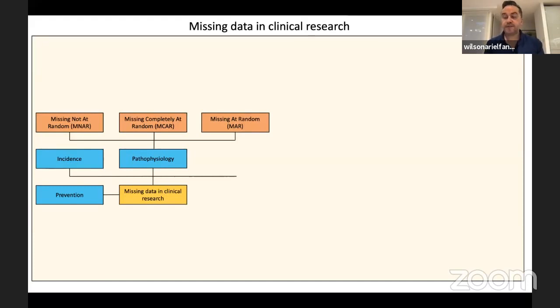And this is really important as well, because despite the fact that there is a mechanism for your missing data, by no means can we assure that this is definitely MAR, MCAR, or MNAR.